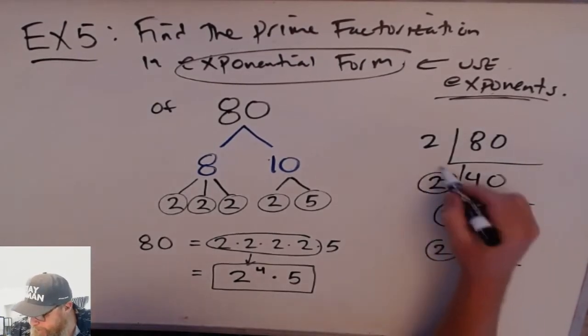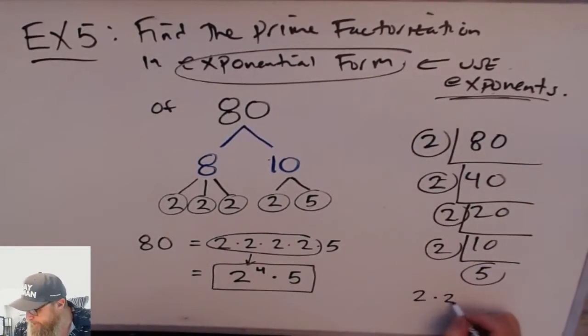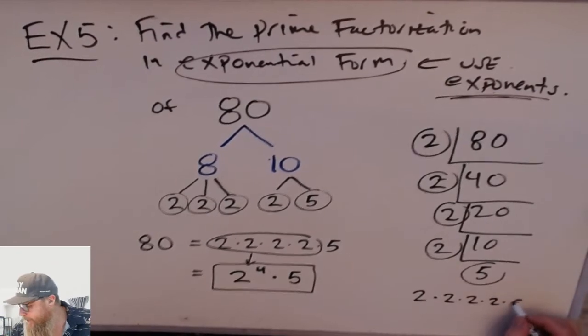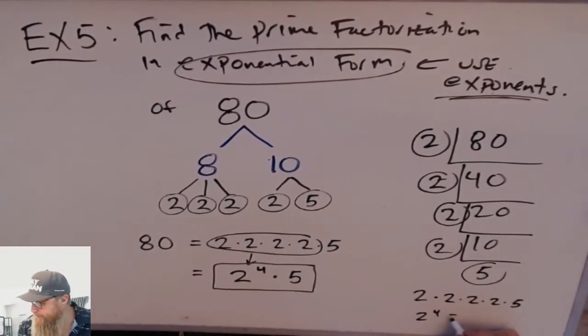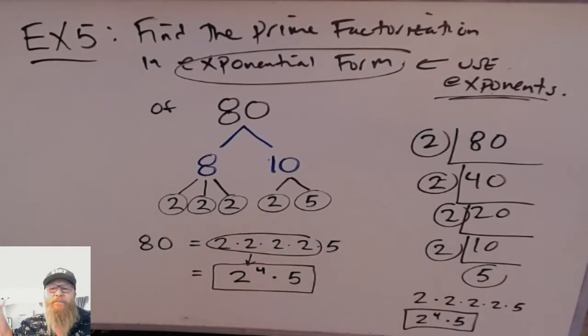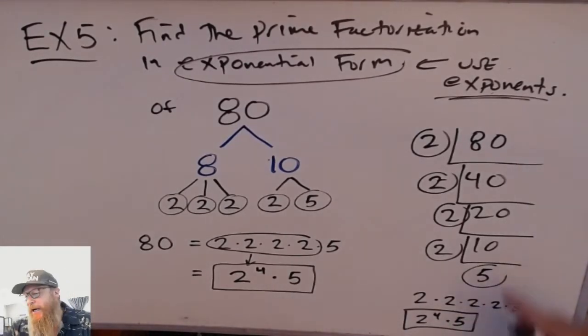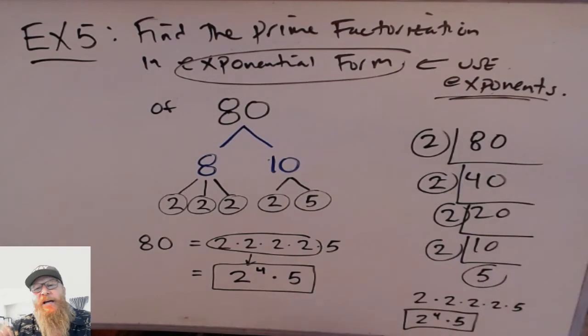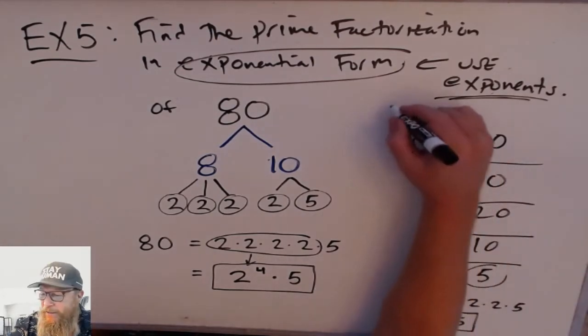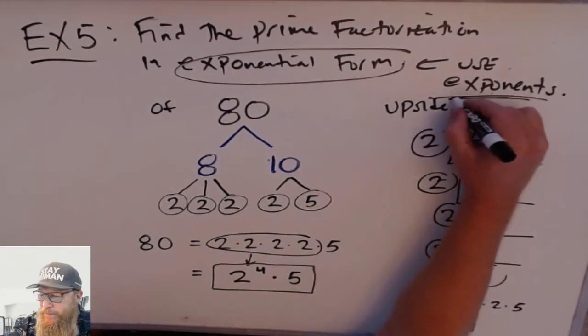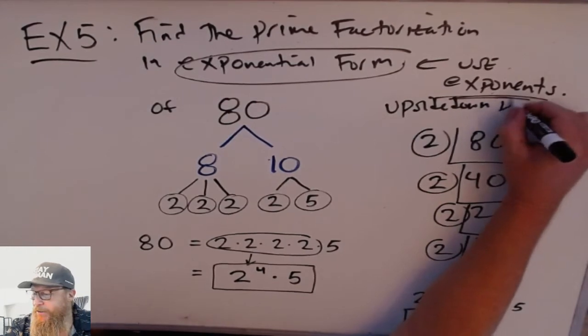Stop when they're all prime. 2 times 2 times 2 times 2 times 5. 2 to the 4th times 5. Same exact result. Notice I used upside down division signs.